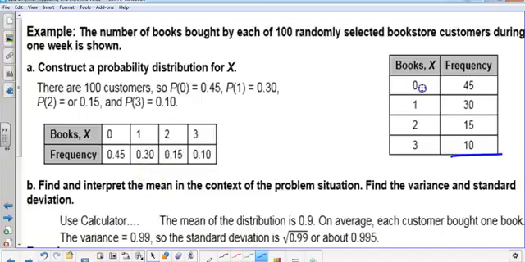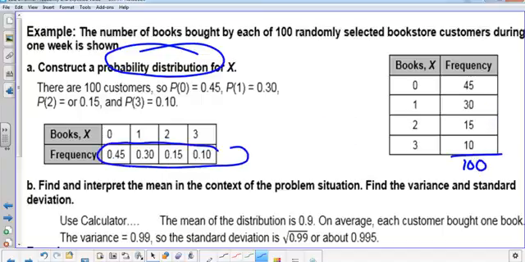All right, so we need to find the mean, and we need to do a probability distribution. The probability distribution, all we need to do is say this totals 100, so what do we need to do to each of these numbers? Divide by 100, which is where they got this, okay?